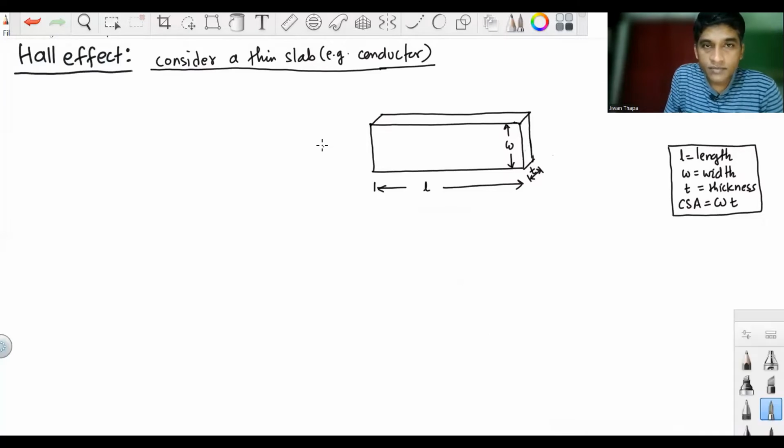Now let I be the current flowing in this direction, okay? It is flowing in this direction. So current I is entering from this end of the slab or conductor, and let the conductor be placed in magnetic field, okay?